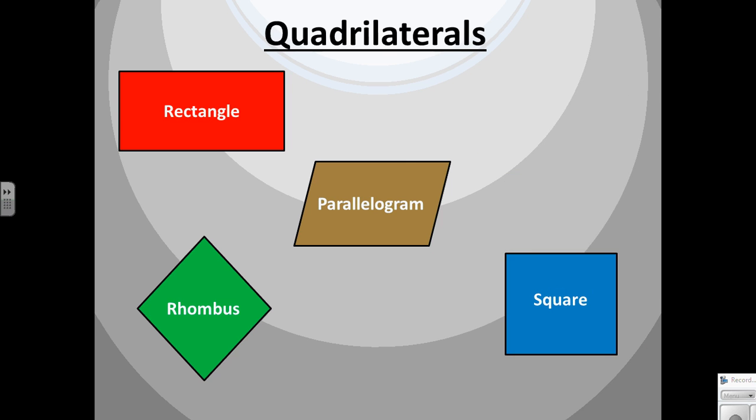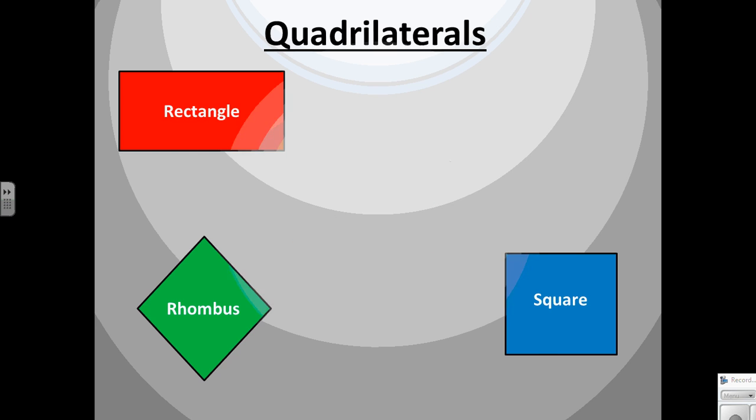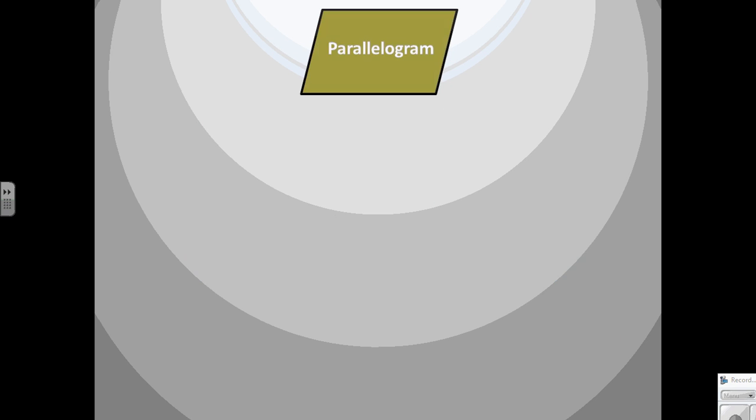Let's take a look at the properties of each shape. Let's start with the father of the quadrilaterals. The father is the parallelogram. He is the first quadrilateral and the most important one.